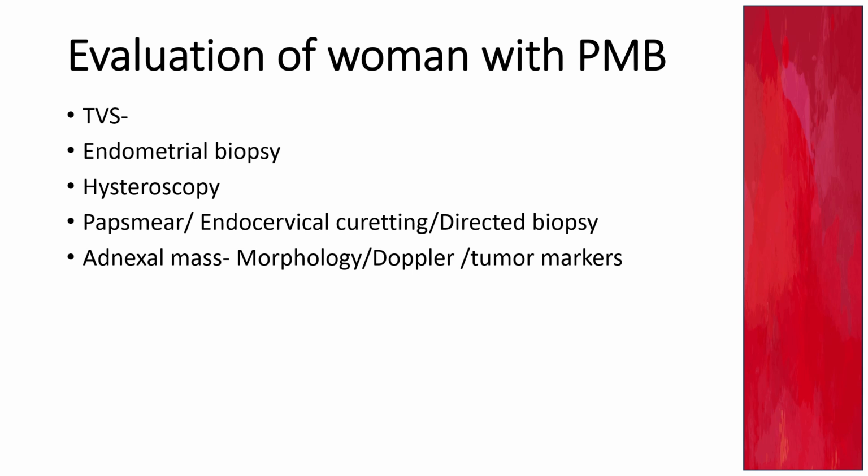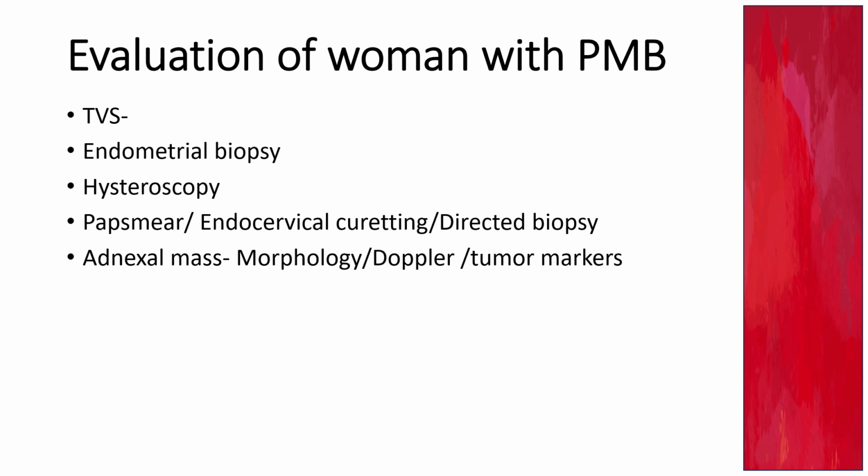Most often the woman may already know there is a fibroid, and then you can look at whether there is any increase in the size of the fibroid, or the margin should be regular or well-defined. It may be hypoechoic or hyperechoic.